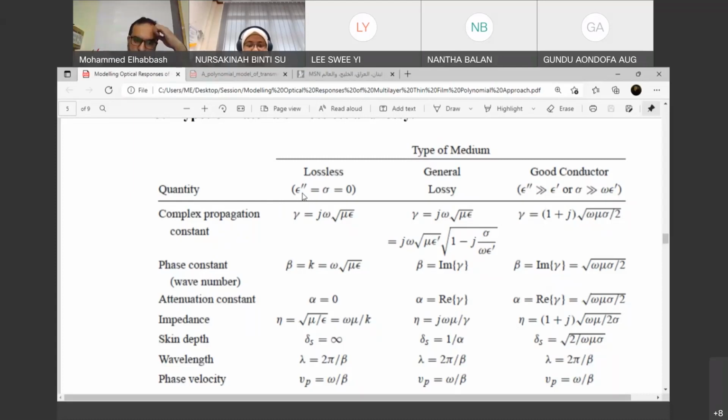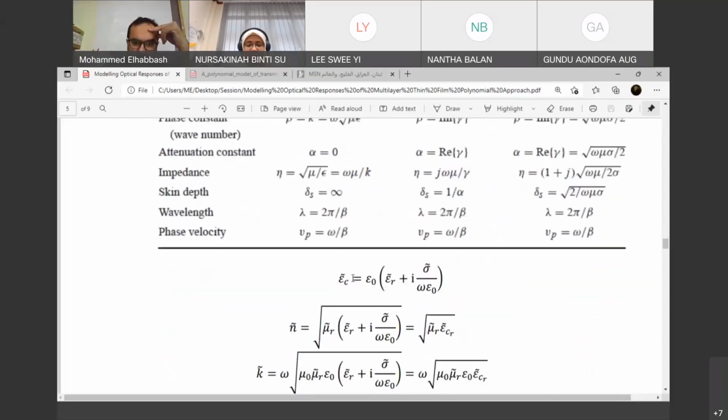I'm seeing it. Yes, we have here double dash epsilon, which means the imaginary part of permittivity. When the imaginary part of the permittivity equals 0 and also the conductivity equals 0, then we have a lossless material. Let us look at this equation again.